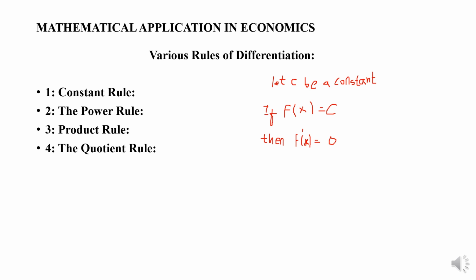Alternatively, we also write it in this form: f dash of x, or we can say d by dx of, and the value here is constant, so we will write it in general form like c. So the answer is 0.